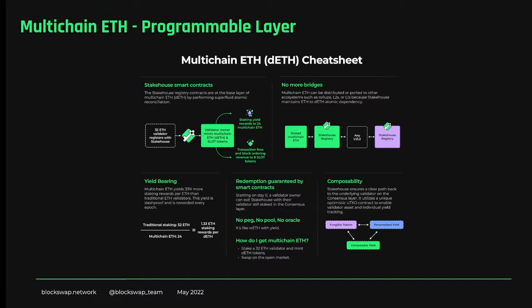So I think that's a very key difference. And without that redemption path, that would not be considered a derivative. I kind of sound like a broken record over here, but that is the key difference, what makes dETH, multi-chain ETH, a derivative and not a synthetic.